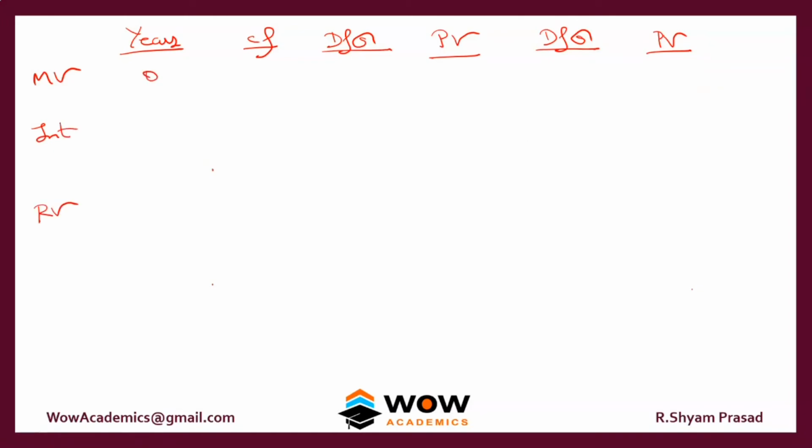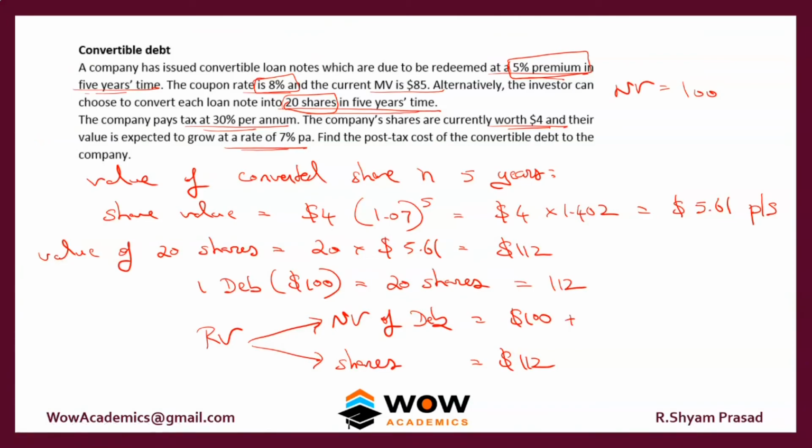So this is the 0th year, this is the 1 to 5 years, and this is the 5th year. Market value is 85 and redemption value is 112. The bonds are converted at a premium of 5%. So that means the bond will be redeemed at 105. So whichever is higher, whether 105 or 112, 112 is higher. So the bond will be redeemed at 112.